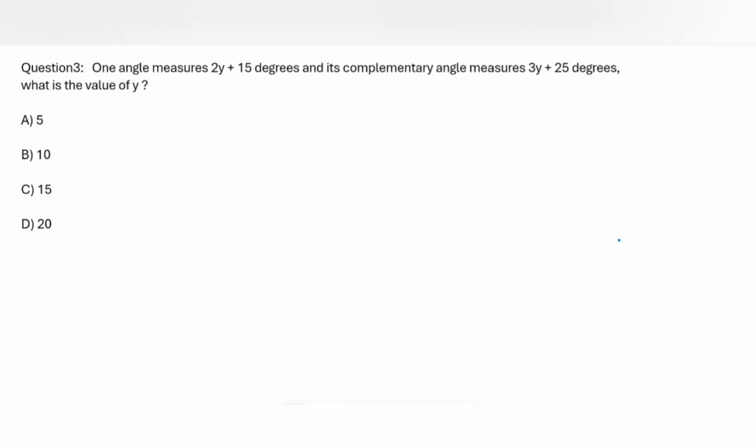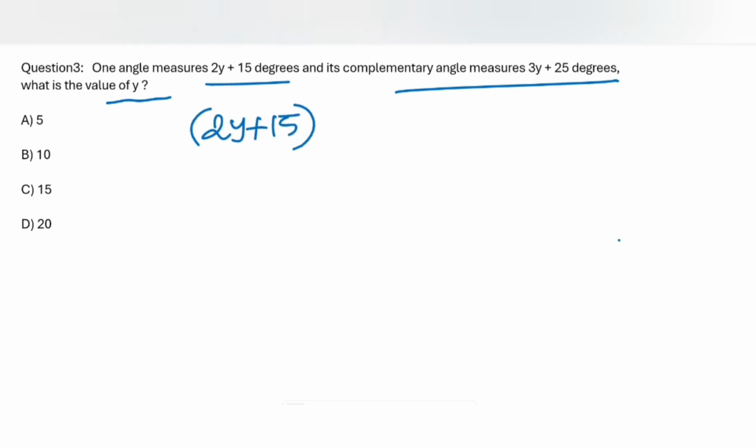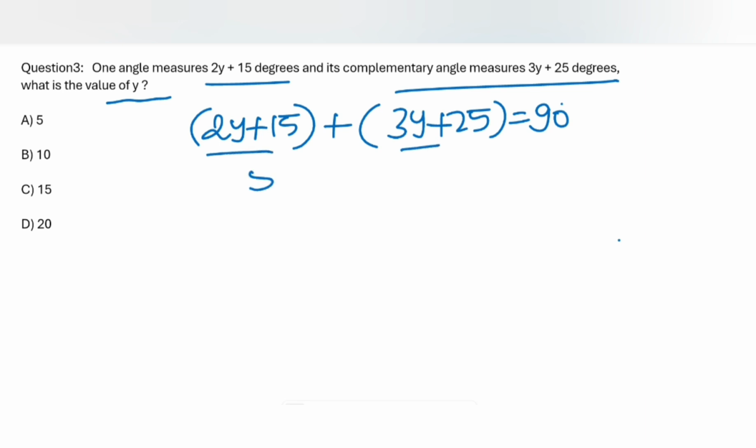Here in question number 3, the question is: one angle measures 2y plus 15 degrees and its complementary angle measures 3y plus 25 degrees. Then what is the value of y? We have to find out. So as per the complementary angle statement, you know that the sum of two angles, that is 2y plus 15 degrees plus 3y plus 25 degrees, is equal to 90 degrees. Alright, so 2y plus 3y is equal to 5y, and 15 plus 25 is 40, is equal to 90 as usual.